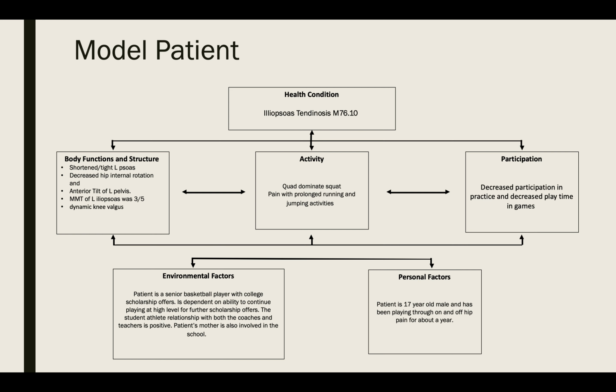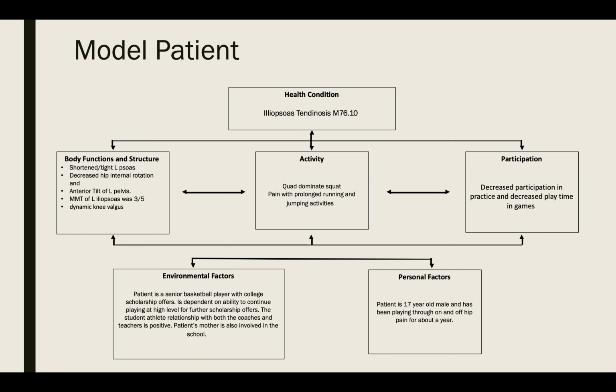Body structure and some of the findings that we found: shortened left psoas, poor hip internal rotation or decreased hip internal rotation, mostly seeing that from a capsular standpoint, so some posterior tightness of the hip capsule on the left side, an anterior tilt of the pelvis, or that kind of anterior innominate. Manual muscle testing revealed some weakness of the left iliopsoas, and we're going to see some kind of more broad dynamic knee valgus in this patient as well.